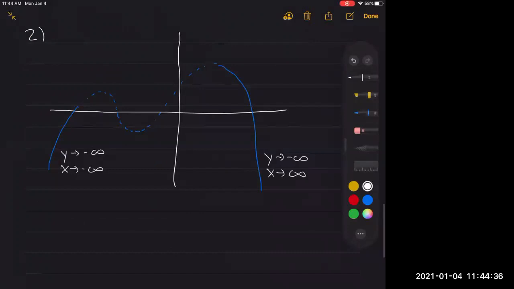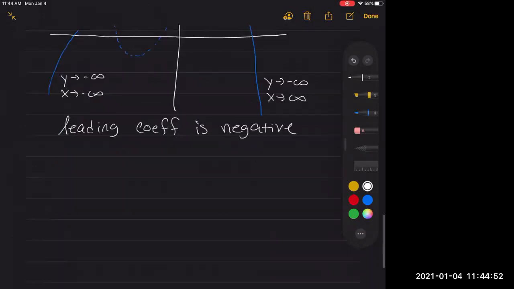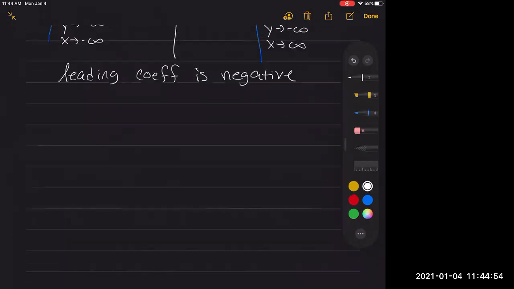And this happens when the leading coefficient is negative. All right, so those are our four cases for end behavior, 2 for odd and 2 for even. And then we have some examples we can show.